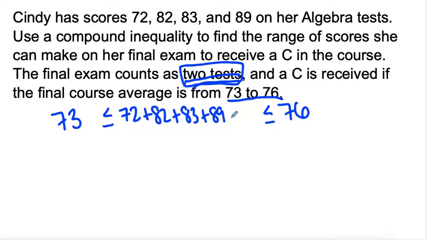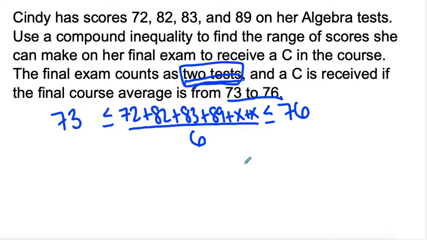So we don't know what that score is yet, so right now I'm going to put plus x, but since it counts as 2 tests, I'm going to put plus x again. And then to find the average, we're going to divide that all by the number of tests, which would be 1, 2, 3, 4, 5, 6 overall tests that we're dividing that by. So now we need to work inside there to simplify.